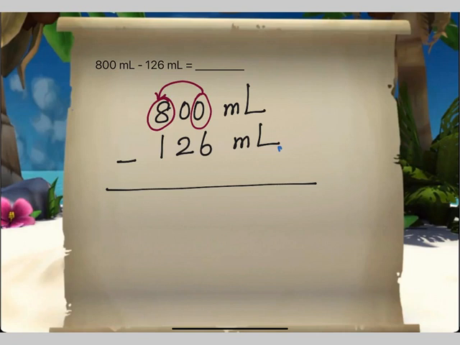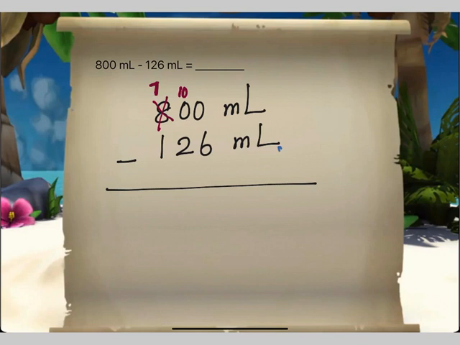So when we borrow from this 8, the 8 will be unbundled and it will become a 7. So let us unbundle 8 and let us make 7 hundreds. So when we unbundle 8 and it becomes 7 hundreds, we will have 10 tens here.